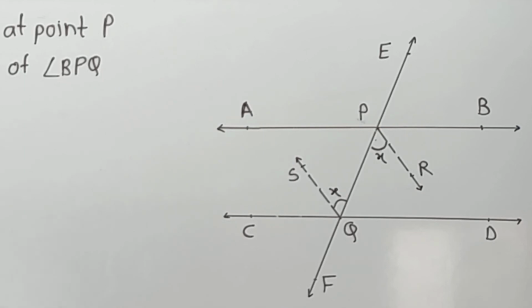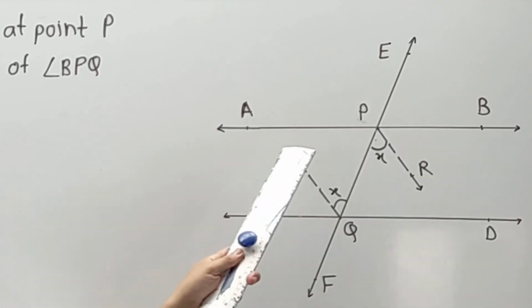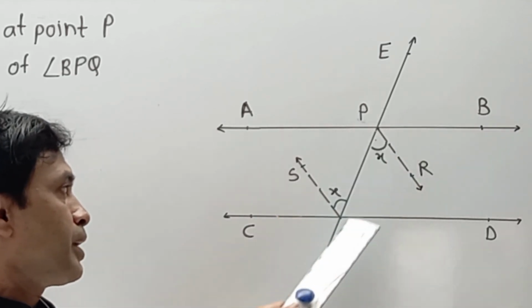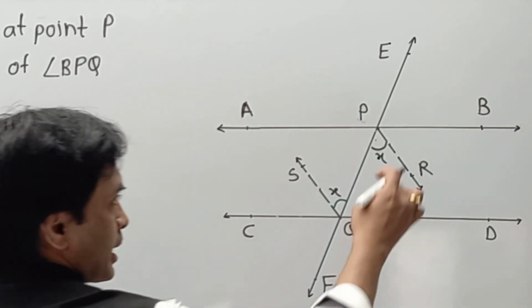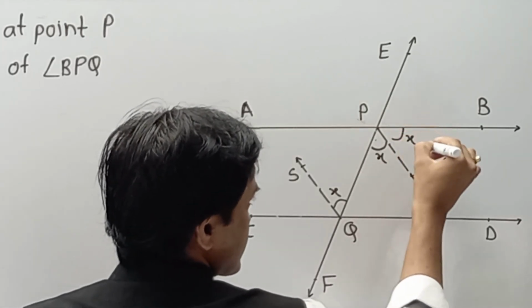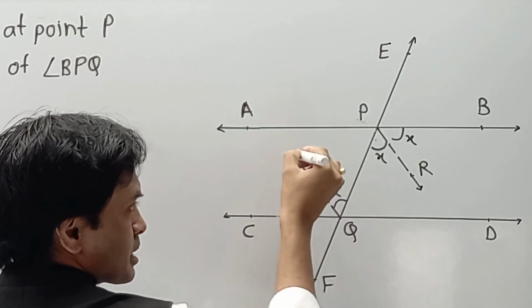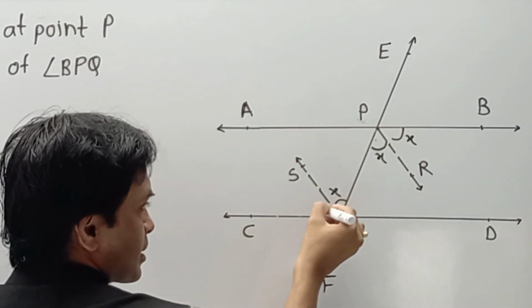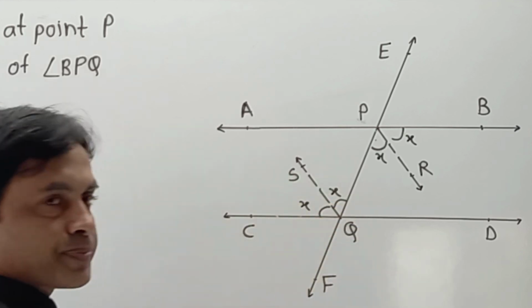Now, because they have given line PR parallel to QS. Next, PR is a bisector of angle BPQ. Naturally, if it is a bisector, this angle becomes x, and this also becomes x. Similarly, QS is a bisector of angle PQC. Naturally this is x, and this also becomes x.